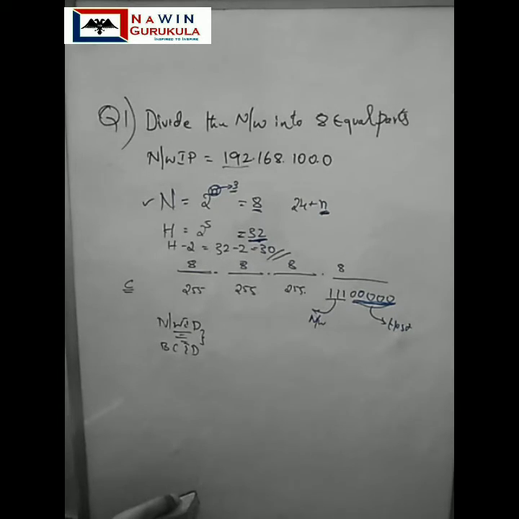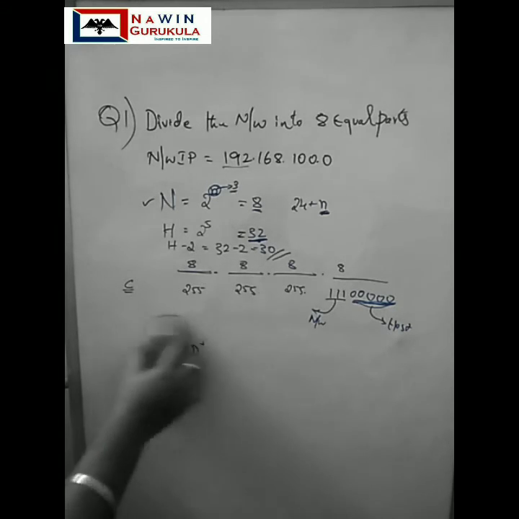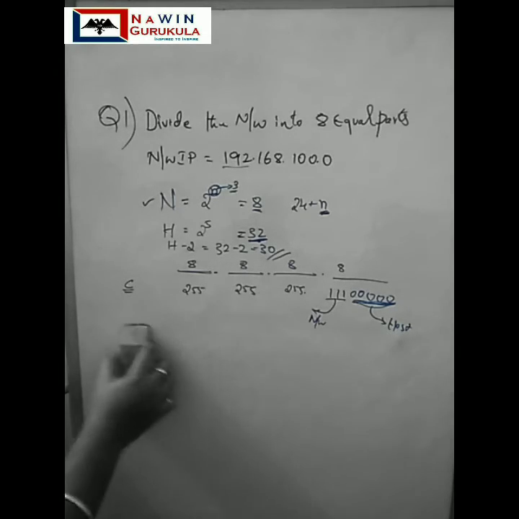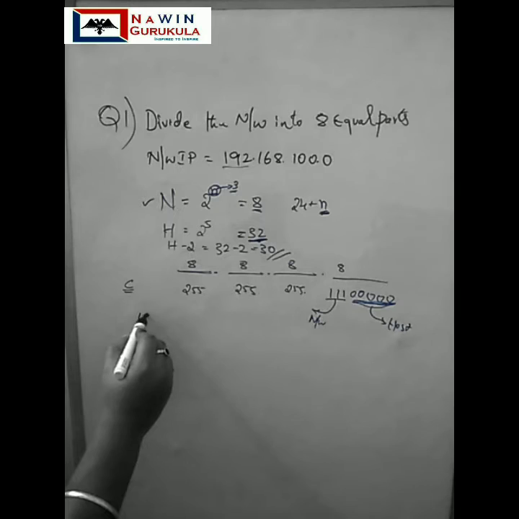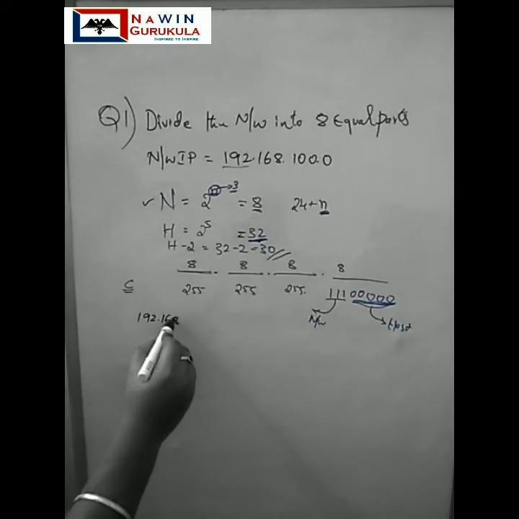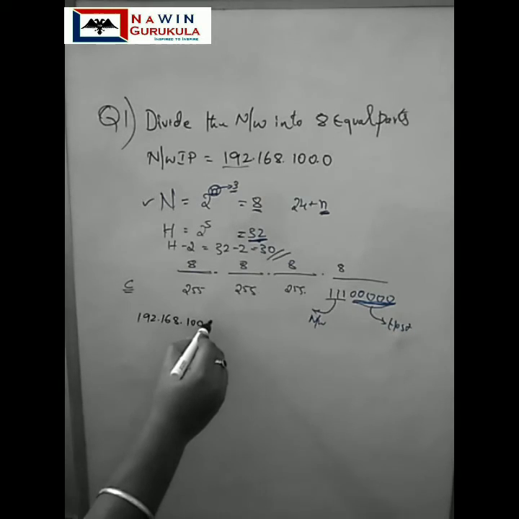That is to write the network table, right? To write the network table, you need to consider the first IP, which is the network IP. So the first network IP is 192.168.100.0.